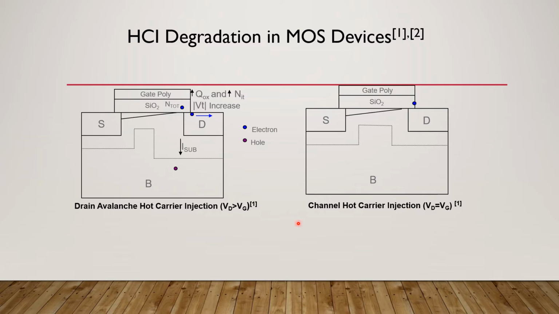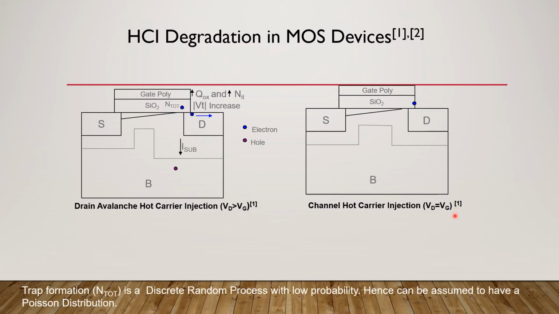Now both of these mechanisms have been taken from reference 1, which is basically Hitachi's handbook for hot carrier injection, and that is an excellent material, in fact, to look into the theory of HCI.